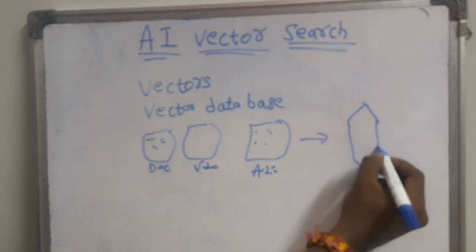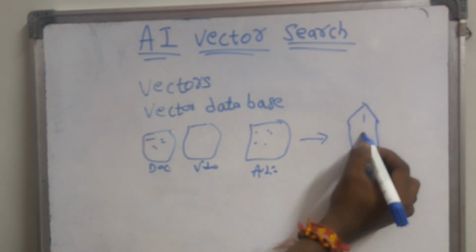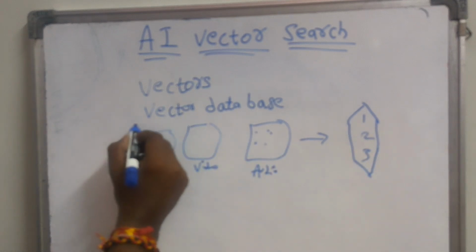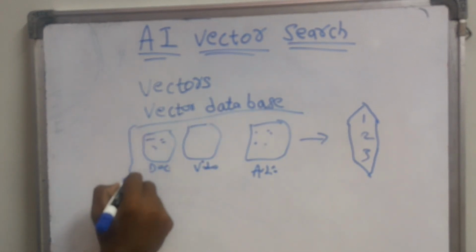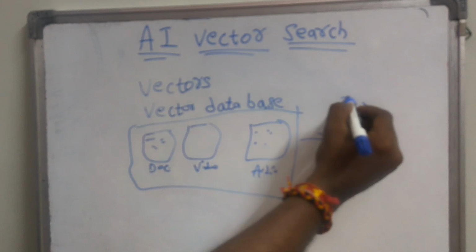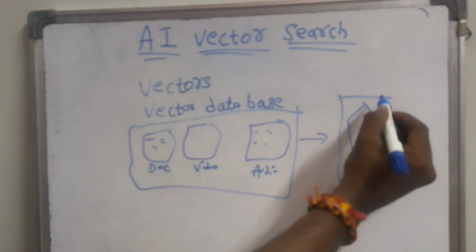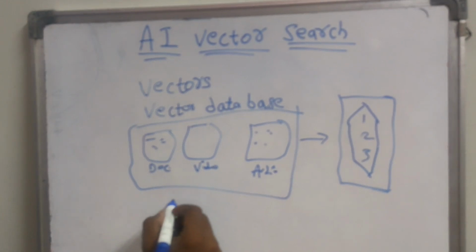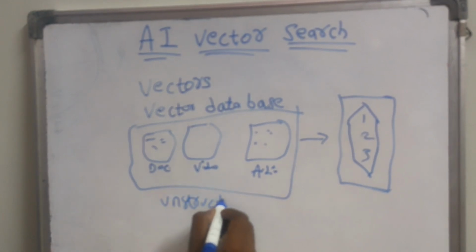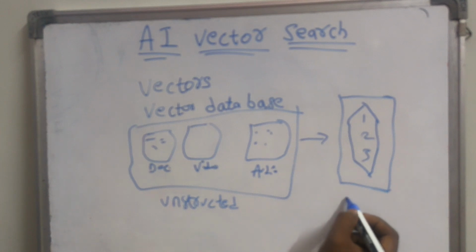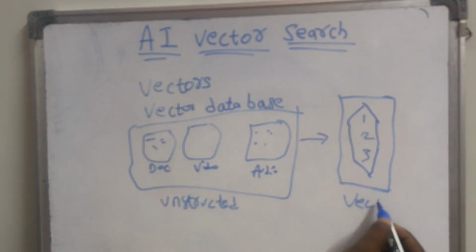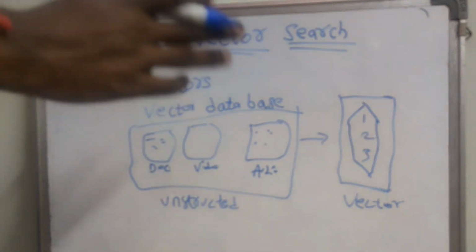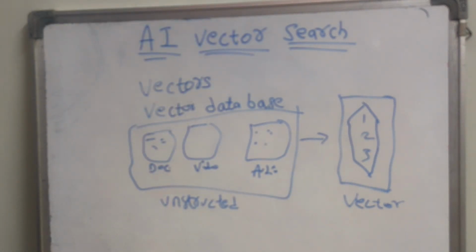So this is nothing but the vector representation. This is the unstructured data, and this is a vector. So now you are able to know what is unstructured data and what is a vector.